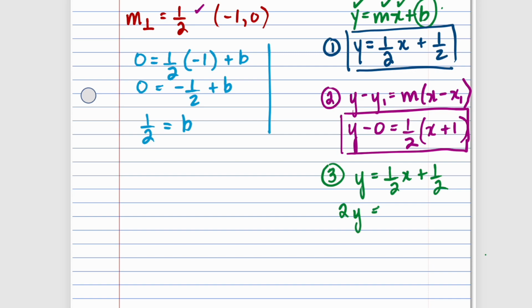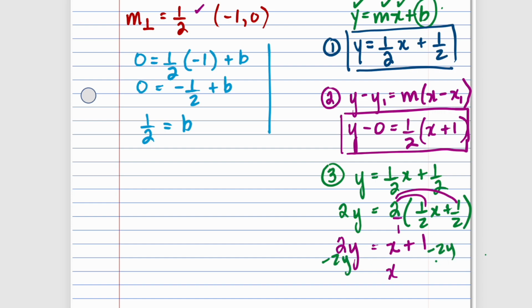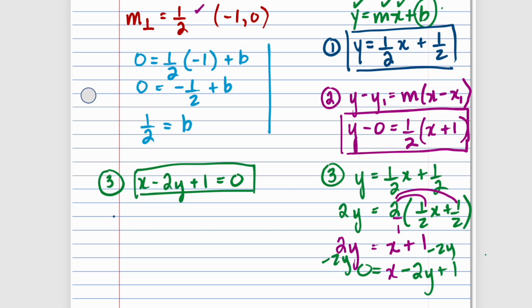So 2y is equal to 2 bracket 1/2 x plus 1/2 gives us 2y is equal to x plus 1, subtract 2y both sides, minus 2y plus 1 is equal to 0. Our general form then is x minus 2y plus 1 is equal to 0. And last one, the standard form would be x minus 2y is equal to negative 1 because we subtract 1 both sides.